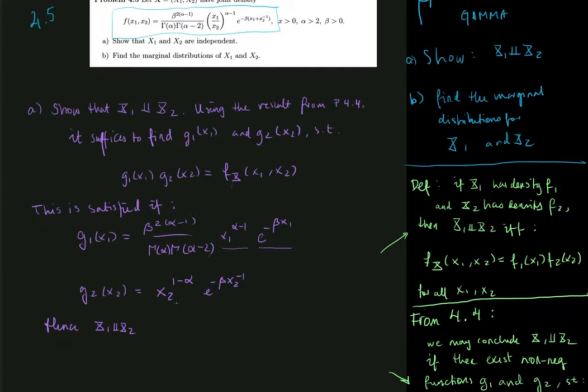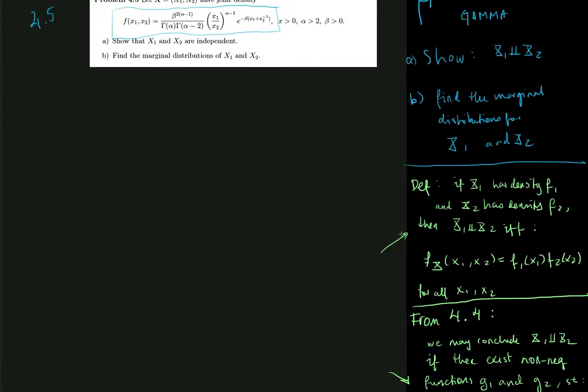And the density for x2 will involve x2 to the 1 minus alpha and e to the minus beta x2 inverse. So I've already kind of given away the clue here. What we can do is notice that x1 is gamma distributed and x2 is inverse gamma distributed. So let us just try now to figure out how they are distributed and with which parameters.